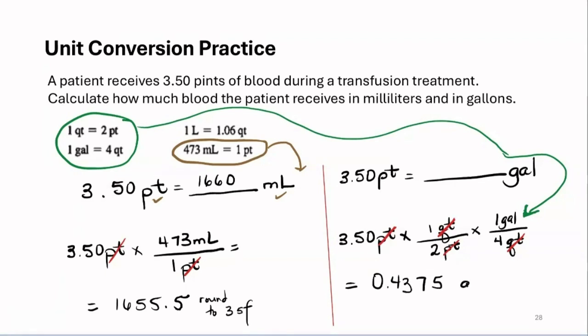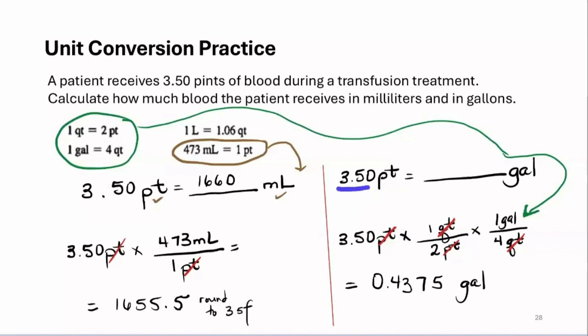0.4375 gallons. And as I mentioned, throughout us doing these problems, what determines the number of significant figures in the final answer is going to be the numbers that we have in the given measurement. And remember, essentially because we're multiplying and dividing, that's why I'm focusing on significant figures.